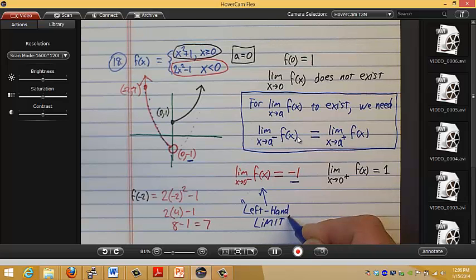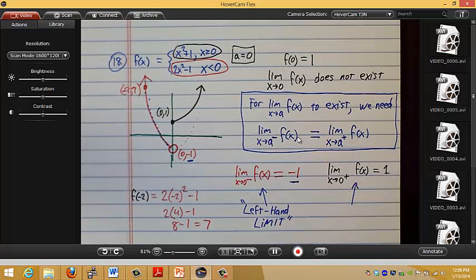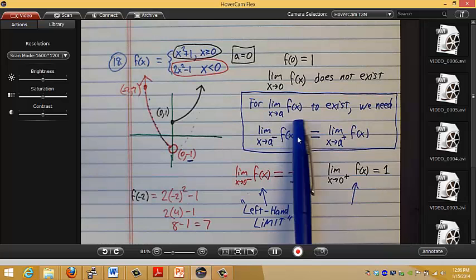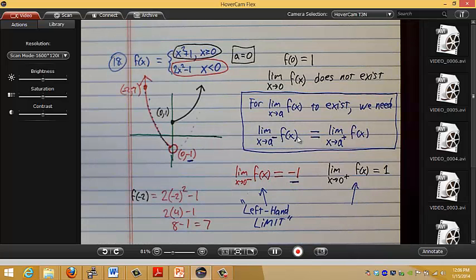Whereas this one's called, what do you think that's called? The right-hand limit. Okay? So the fact in the box says, for the limit to exist, we need the left-hand limit to equal the right-hand limit. This is a function that doesn't have that, so the limit does not exist.